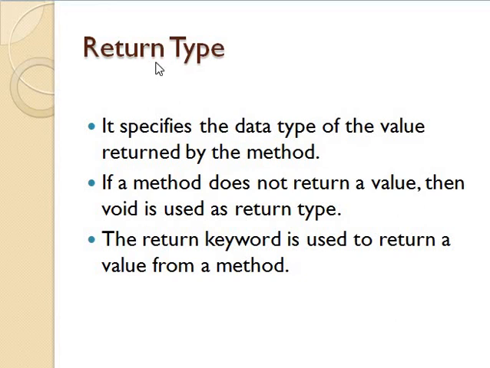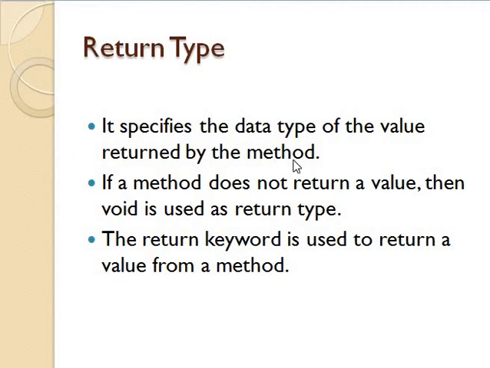Now let's come to the next topic, which is the return type. A method may return a value, and the value returned by the method is specified by its return type. So the return type specifies the data type of the value returned by the method. If a method returns an integer value, the return type will be int.